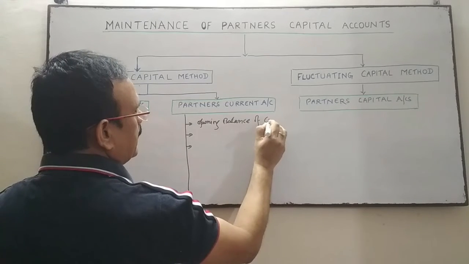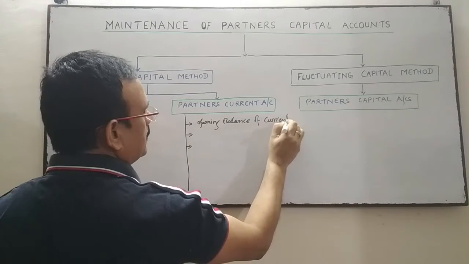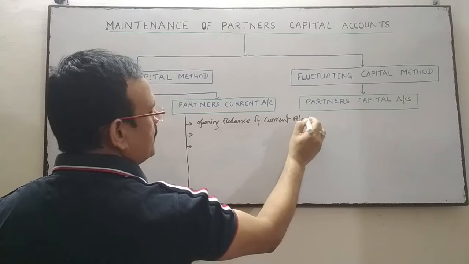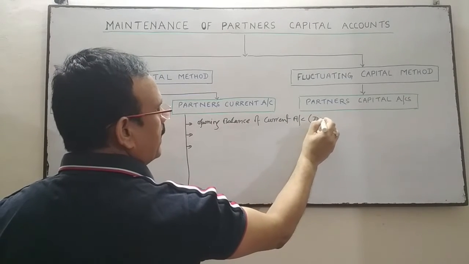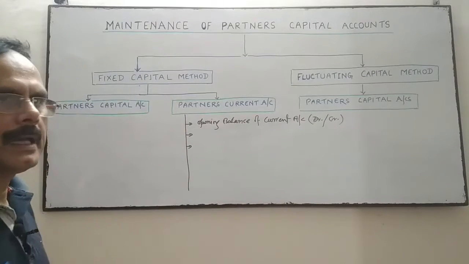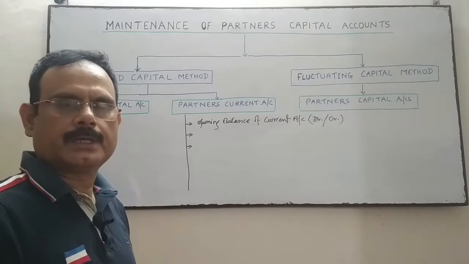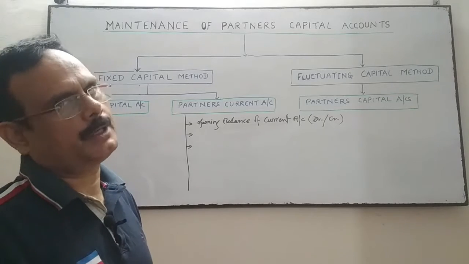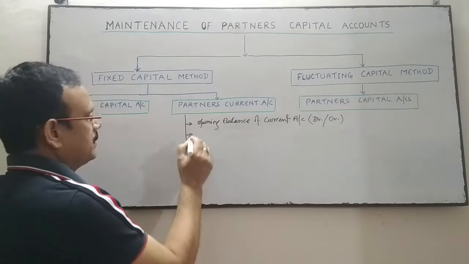This balance may be a debit balance or a credit balance. The opening balance of partners current account may be a debit balance or it may be a credit balance.